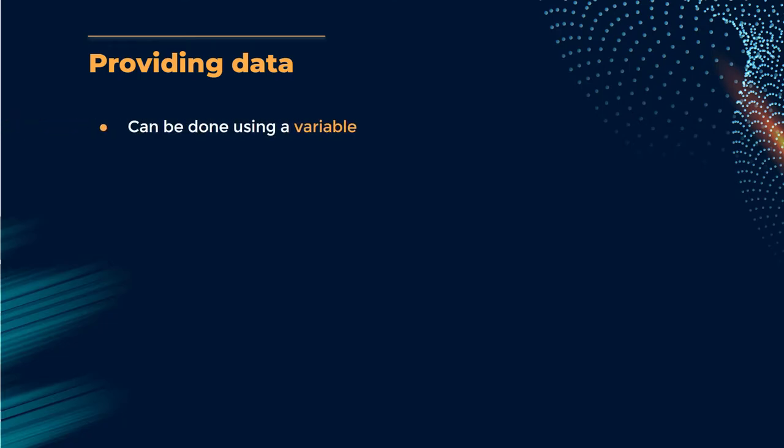Providing data in Python. Data can be provided to Python using a variable, not specifically Python but to any programming language. Data can be provided to a programming language, or a computer using a variable. So a variable is a reserved memory location, that means it is a container for a value of a specific type.